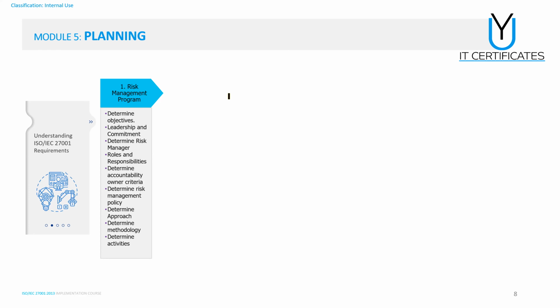Of course, before doing anything, you must have a definition for it. I want to implement risk management in my organization. What do I need? I want to have the definitions and the objectives for the risk management. Number one, I want to define what my objectives of risk management are. Why do I want risk management?